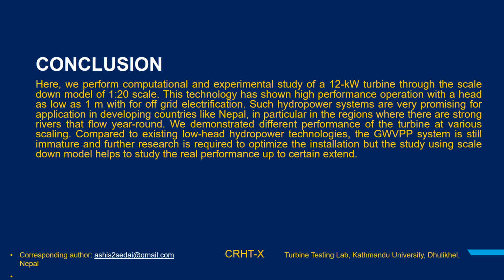In case of the RPM of the runner, what we observed is that when we scale down the model up to 1 to 3.3, the RPM increases, and as we further scale down, the RPM slowly decreases and ultimately increases. So we can't really predict how the RPM of the turbine is going to react over the scaling of the model. But what we have concluded is that the efficiency is going to decrease if we scale down the model.